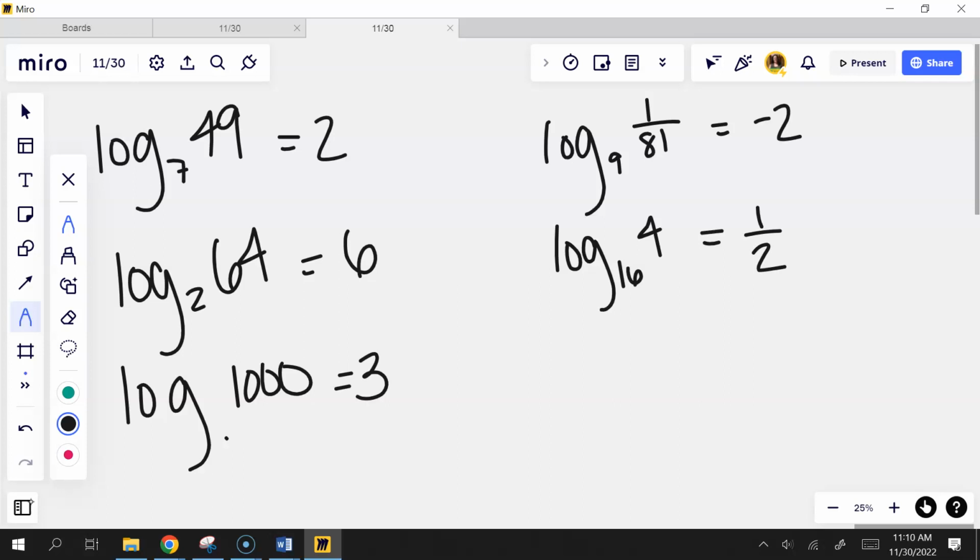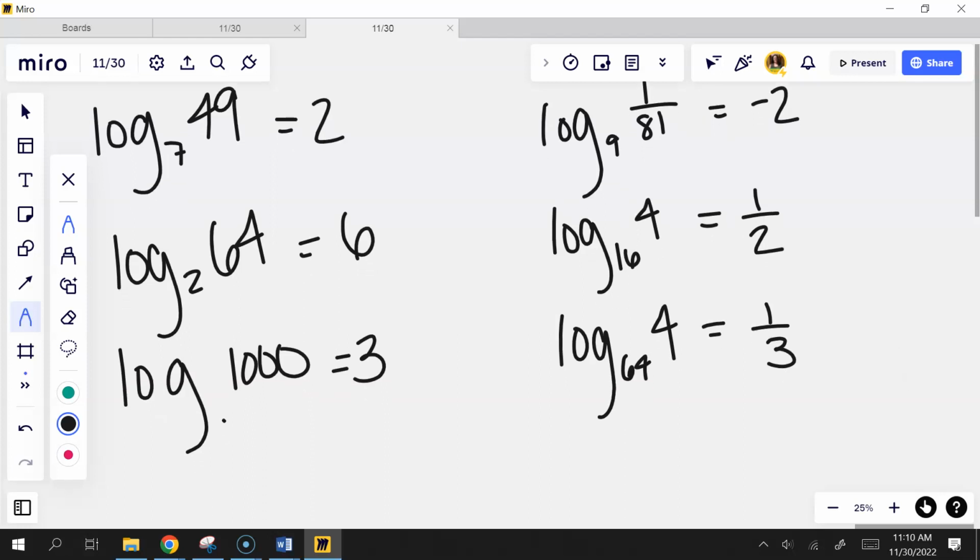You do an exponent of 1/2. That's exactly right. Not 1/4. 1/3. That's exactly right. Because the third root of 64 is 4. The third root of 64 is 4.